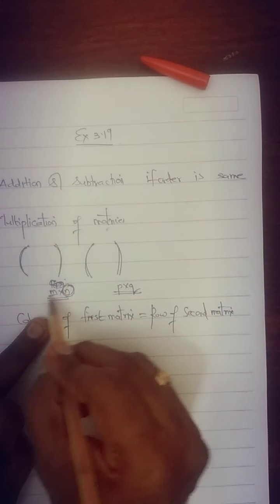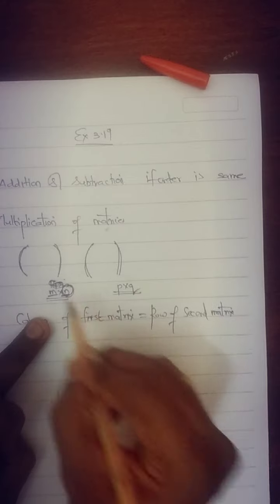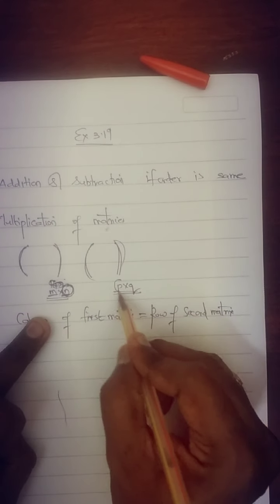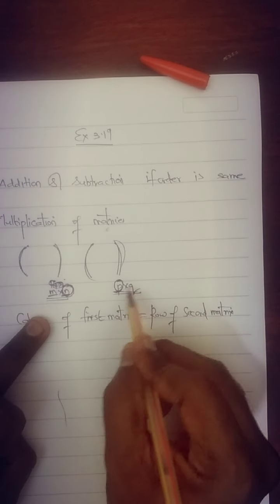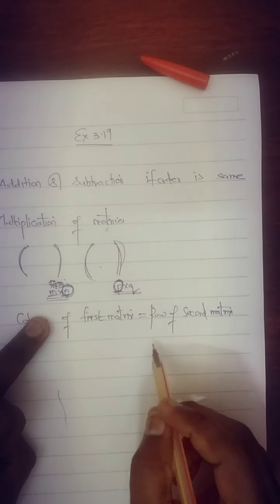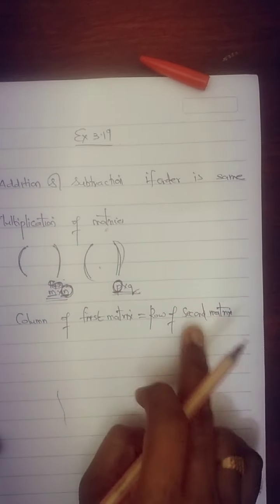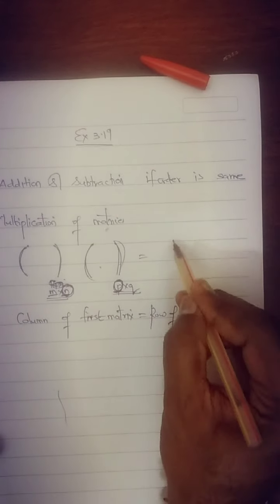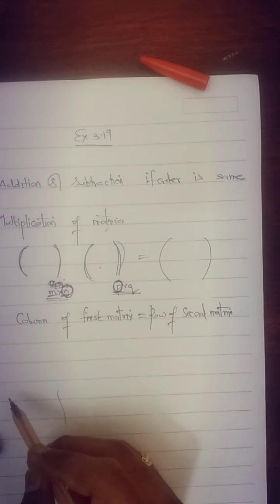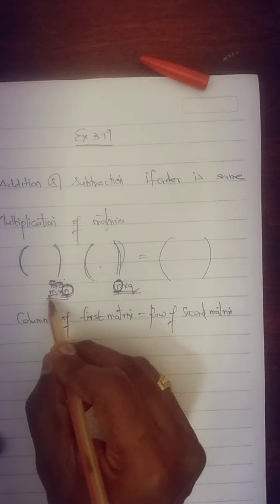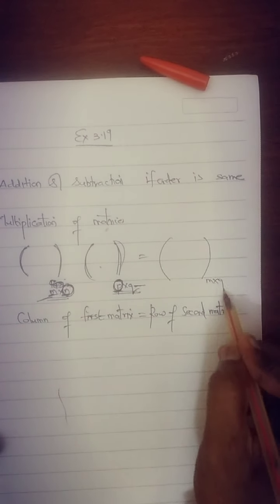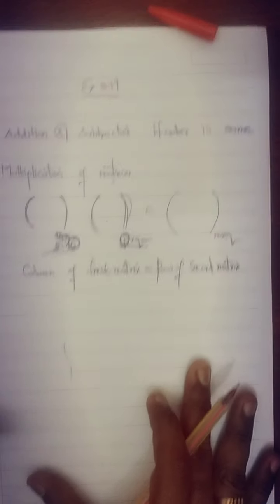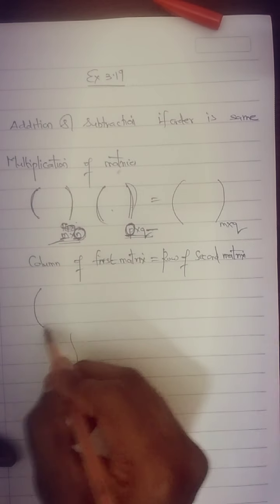If we multiply, I will get one matrix, and this matrix order will be M cross Q. I will tell you once again, listen carefully.